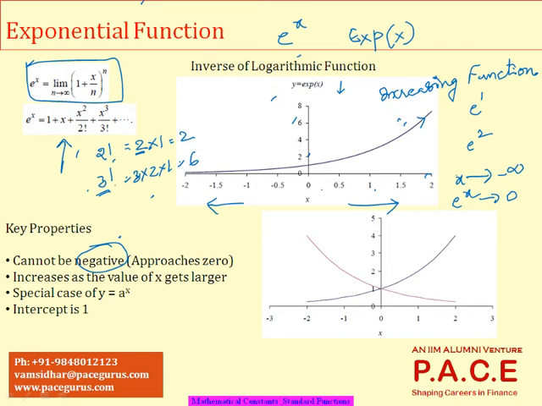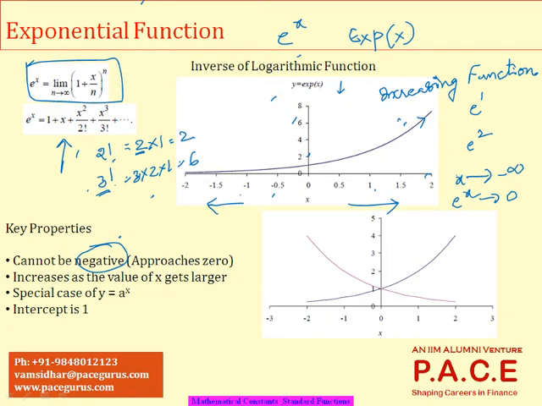And where does it cut? Whenever we talk about graphs, another important thing that we need to understand is at what points this particular graph cuts the x-axis as well as the y-axis. We have already understood that this graph cannot cut the x-axis because it approaches 0 but it cannot become negative.